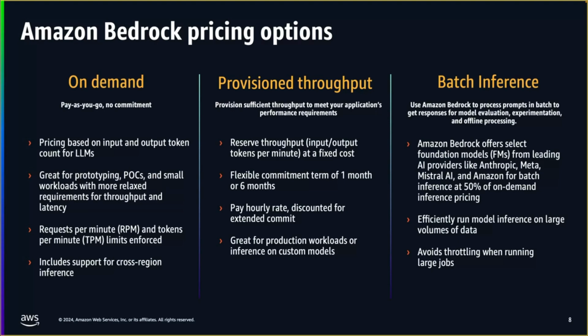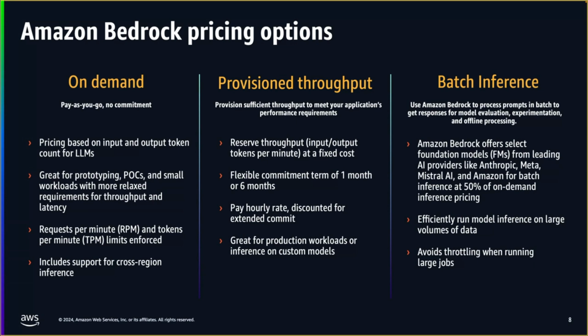Another interesting way to optimize your costs is batch inference. For every use case which doesn't require interactive inference, like live interaction with your user or your agent, where you can process in the background asynchronously, you can use batch inference.